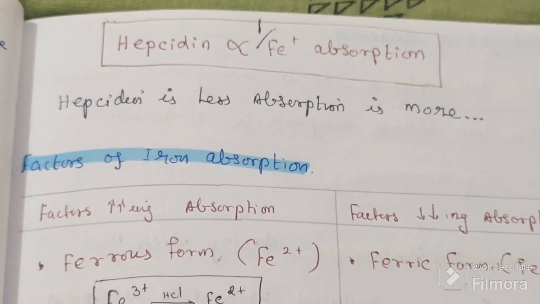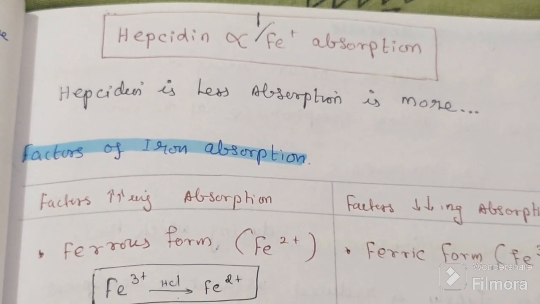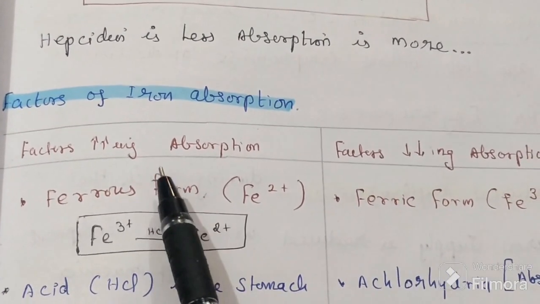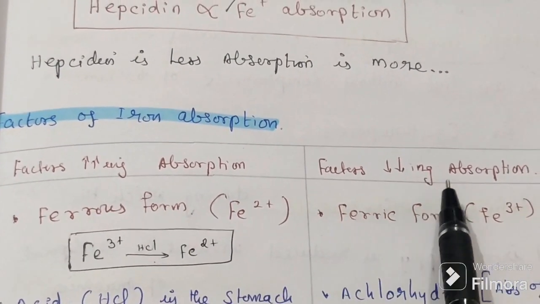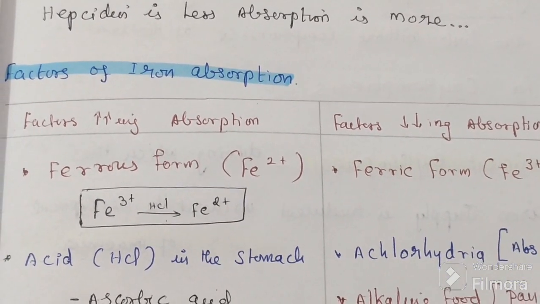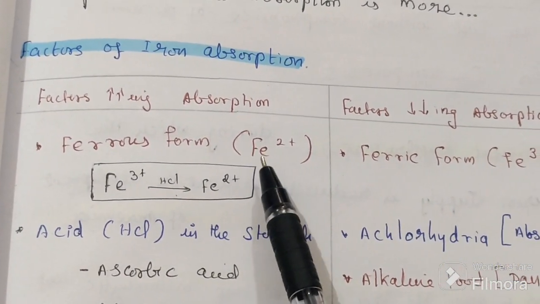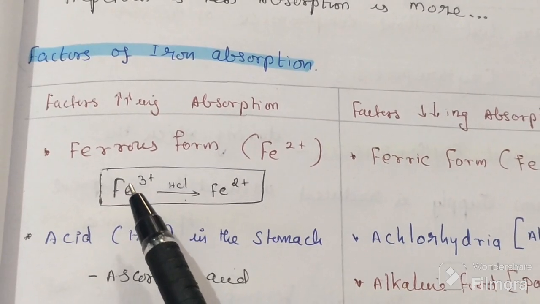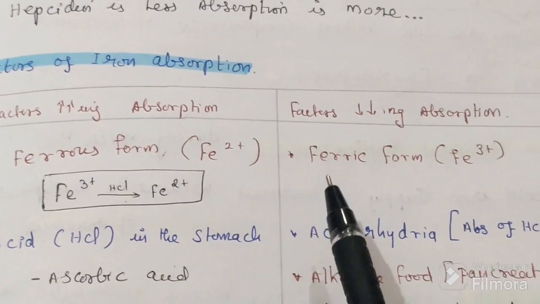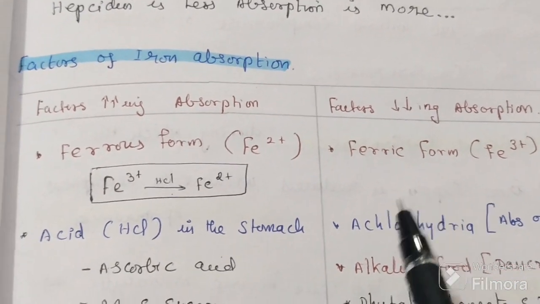Next, what are the factors affecting iron absorption? Two types of factors: factors increasing absorption and factors decreasing absorption. We know that the divalent form increases absorption, that means the ferric form is converted into the ferrous form. This ferrous form increases absorption; the ferric form decreases it.